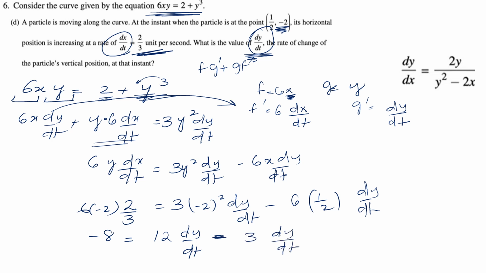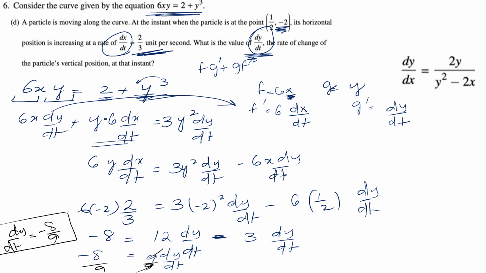So 12 minus 3 gives you 9 dy by dt equals negative 8. Divide both sides by 9 to get the final value. So dy by dt equals negative 8 over 9.